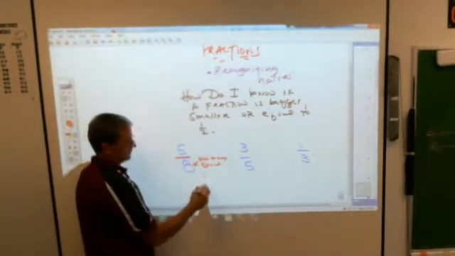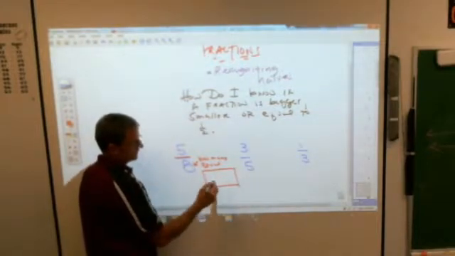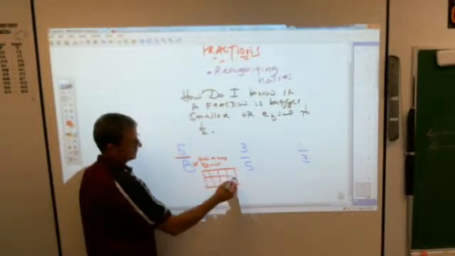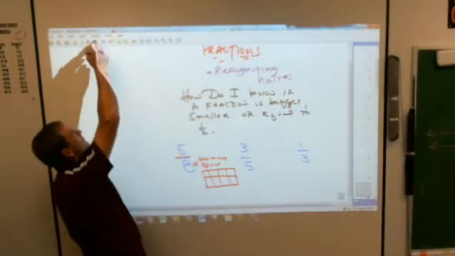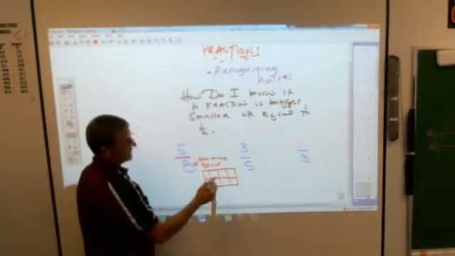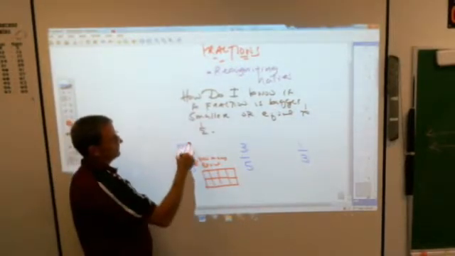So if I drew a picture of this, let's just say I do a rectangle, and I cut this into 8 equal pieces. Okay, that's how many equal pieces I have. Not my best effort with the equal pieces, but close enough. And the top number of that tells you how many you have.